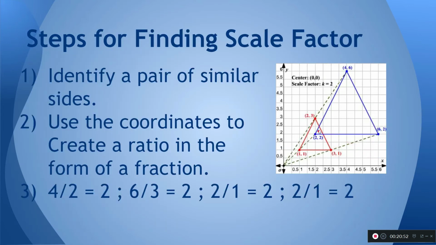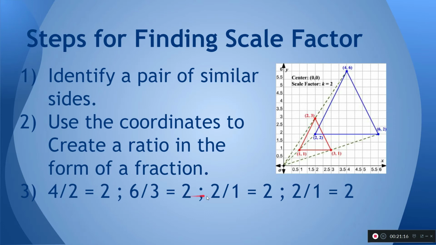So the steps for finding that scale factor is to identify a pair of similar sides. So let's say that we've got these sides here. We use the coordinates to create a ratio in the form of a fraction. So right here, let's say that we've got 4 over 2. Well, that equals 2. We've got 6 over 3.